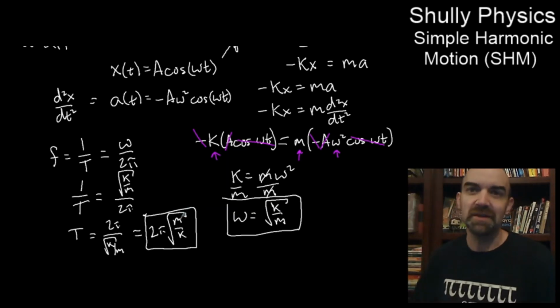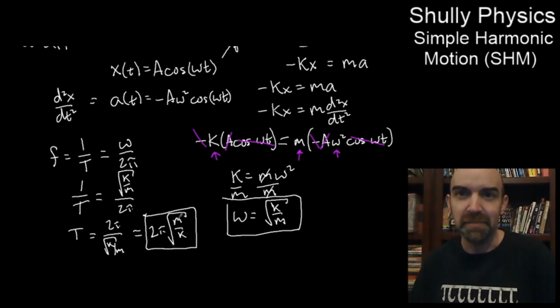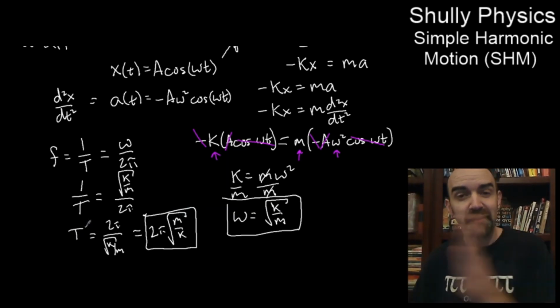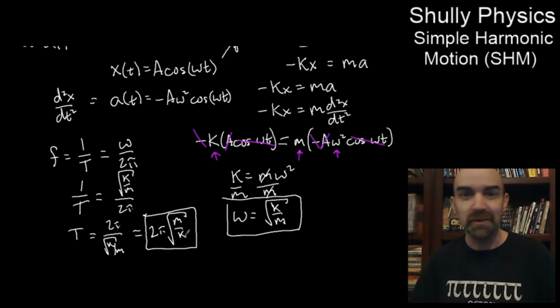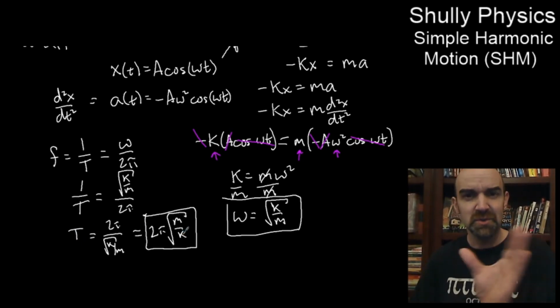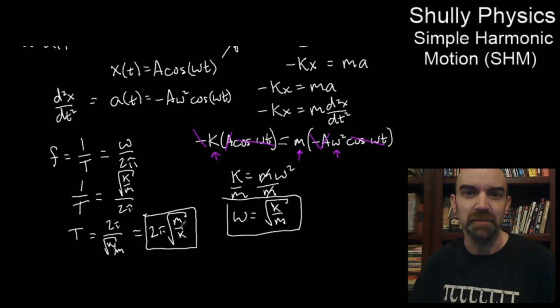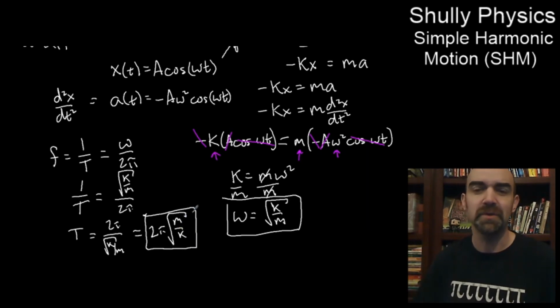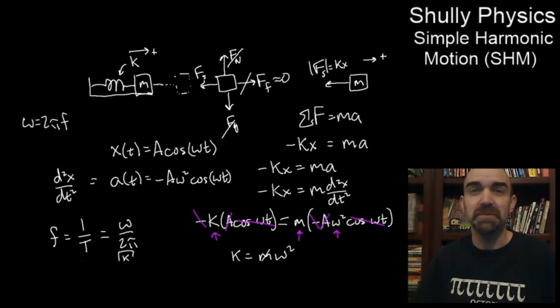So what is this saying? The bigger the mass, the longer the time period to move back and forth, and the greater the k value, the tighter the spring, the shorter that time period to move back and forth. Both of those work. This process I showed you, it's pretty simple. This is going to be the same process I showed you for pendulums.